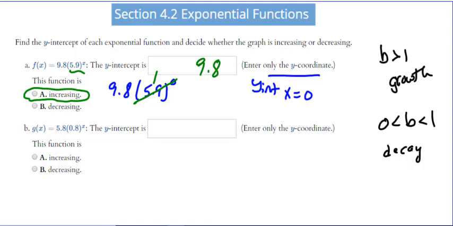Okay, now let's look at the other one. So we go 5.8 times 0.8 raised to 0. We know this becomes 1, so it's 5.8 times 1, which is 5.8.